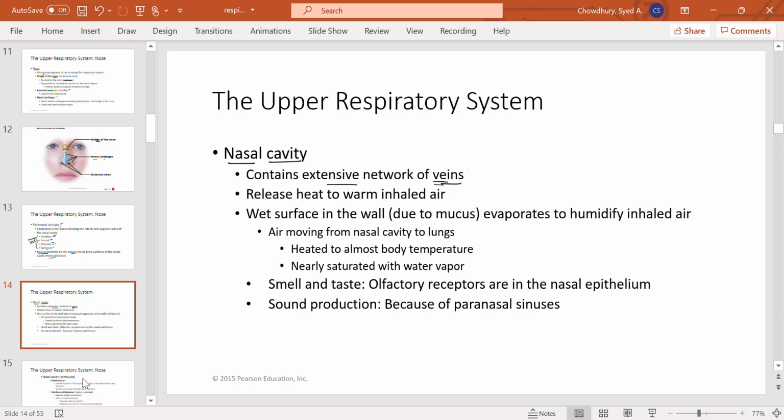And you know that the blood is warmer, and since a lot of blood flows in the inner surface of your nasal cavity, the inner surface is always slightly warmer than your body. So that is very helpful when you inhale the air, especially in winter time.